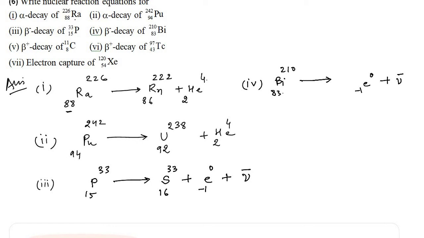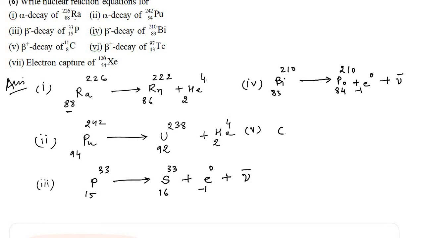So here atomic number increases by 1, means it will be 84, and there is no change in atomic mass. The element having atomic number 84 is called polonium. So Bi changes to polonium.